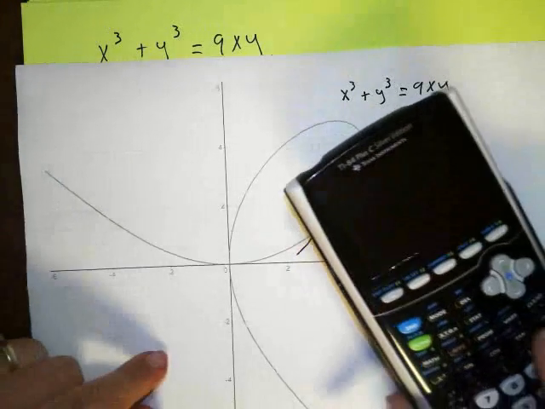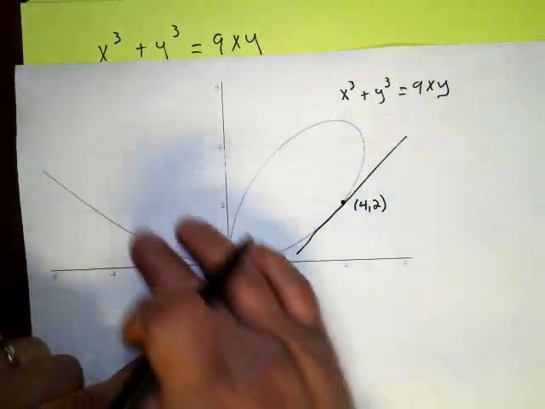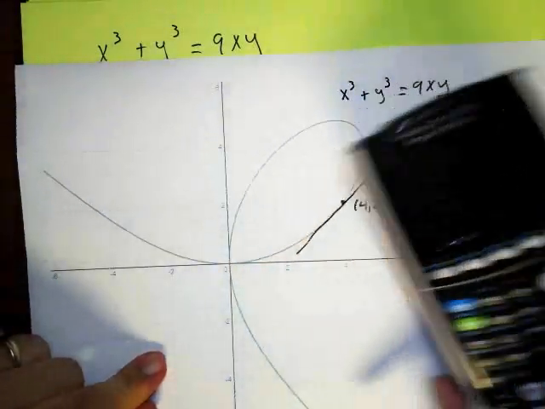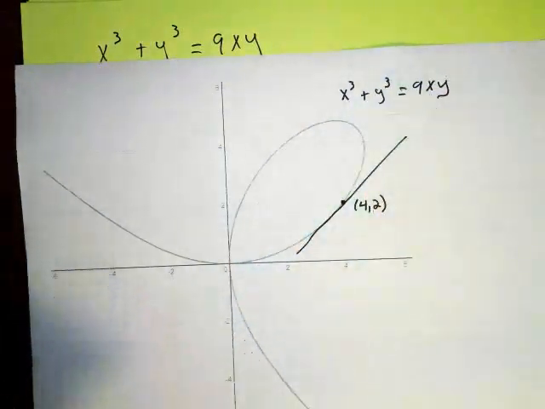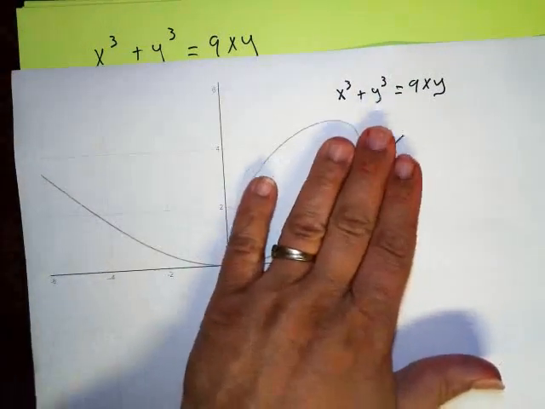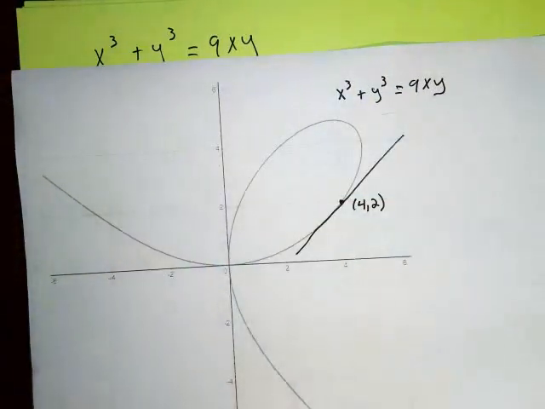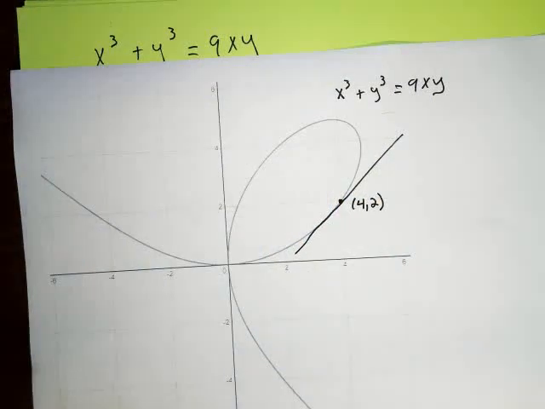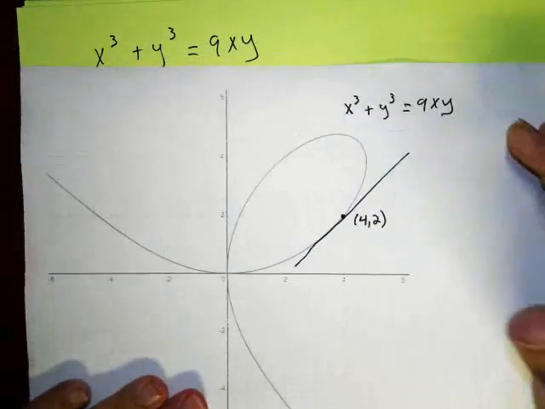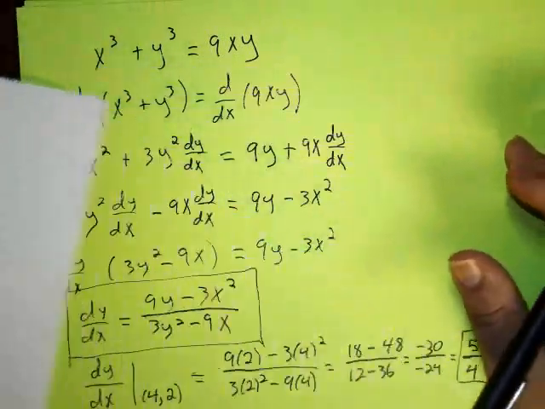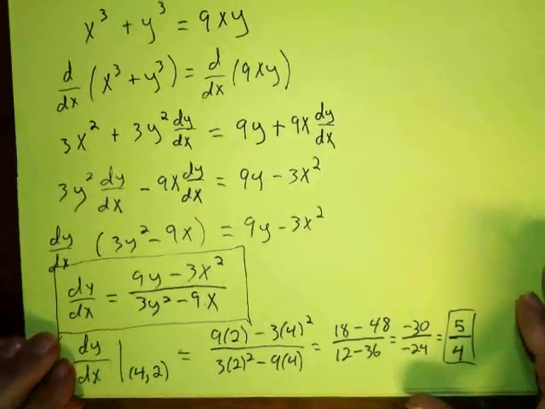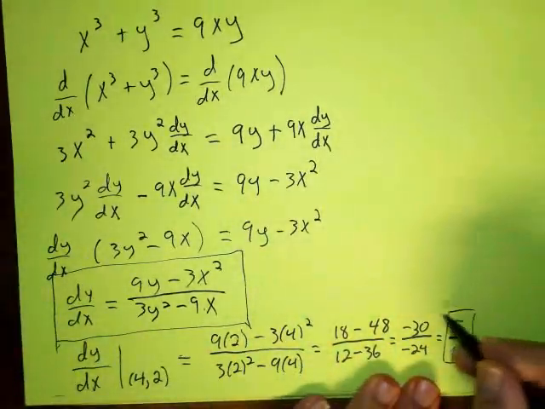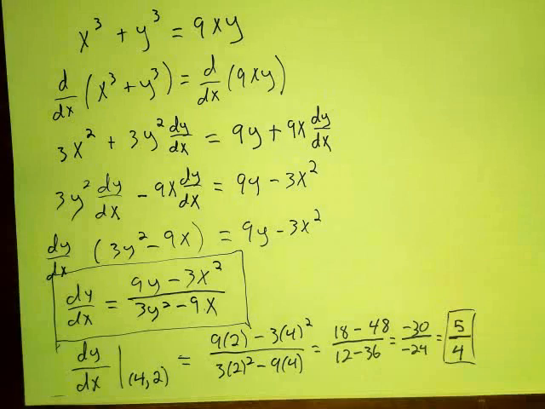It's not something you can do with this calculator, because I can't solve y as a function of x here. So Desmos would be a way to actually get a picture of the curve, to see if your final answer actually makes sense.